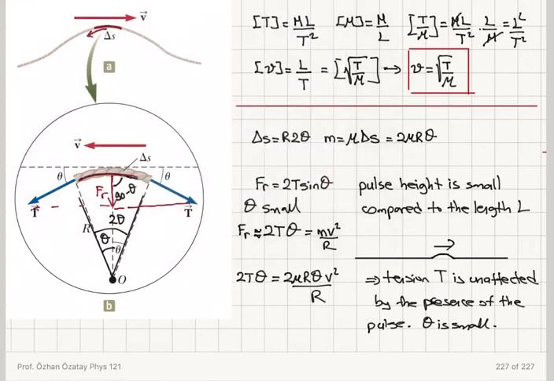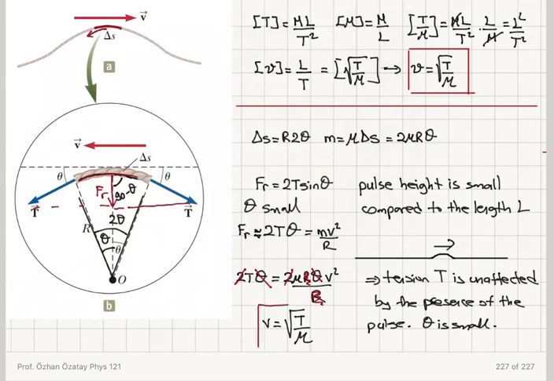So I find that these 2's cancel, the thetas cancel, and then I get rid of the r's, and I find v is equal to square root T divided by mu.